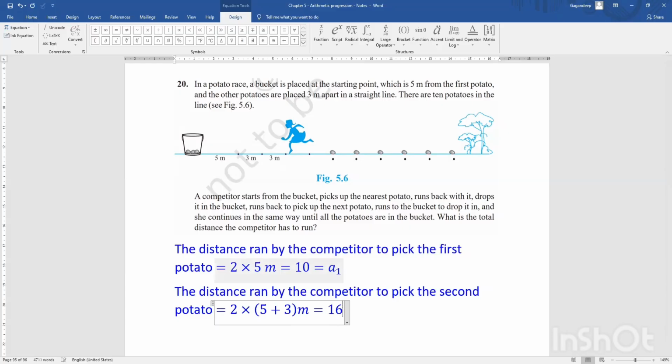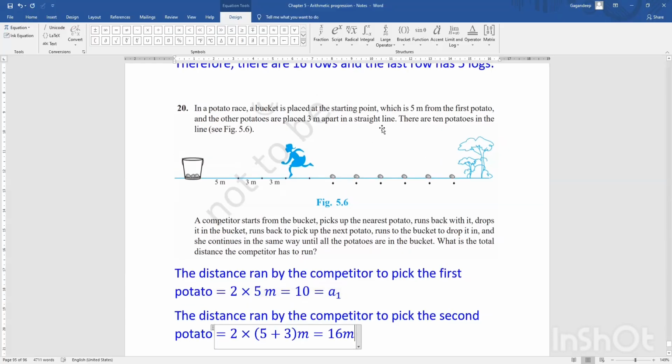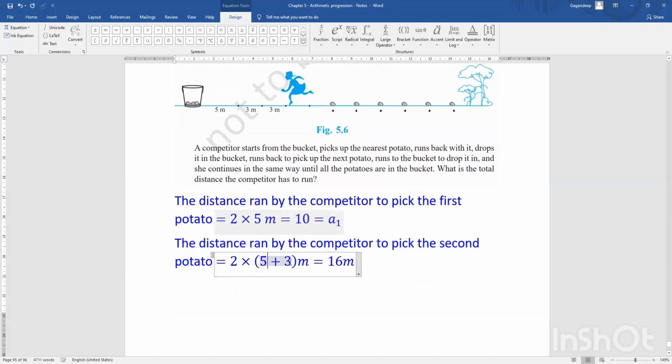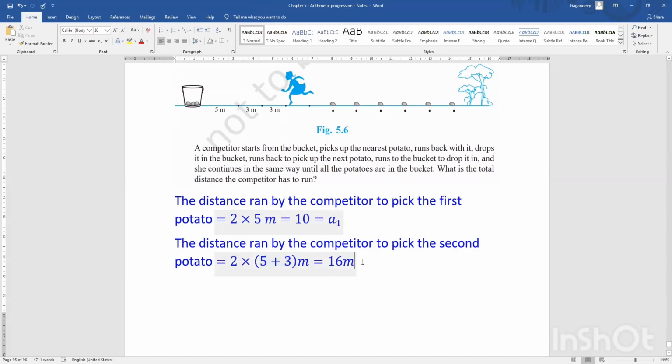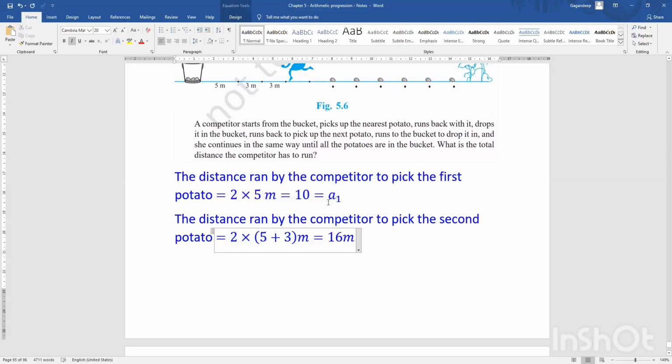So it will be 16 meters. You must note that all these potatoes are placed 3 meters apart. That's why you add 3 meters for each next potato. So that's why 2 into 5 plus 3. This will be equal to a2, so I write it as a2.